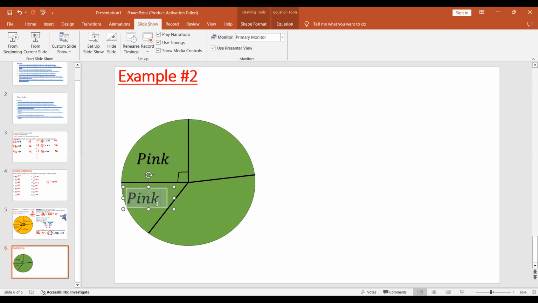Say that this one is gray. Say that this one is purple. And let's say that this one is orange.